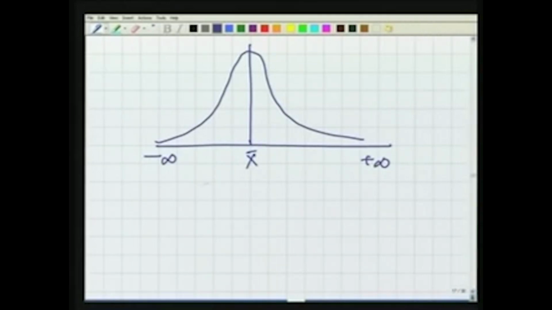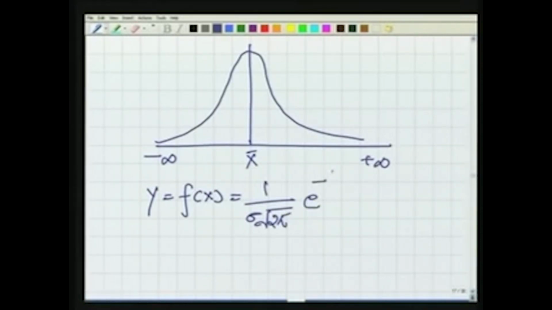The probability density function of this is given as f(x) equals 1 by sigma root 2 pi, e raised to the power minus half into (x bar minus x) divided by sigma, squared. Here x is an observation or variable, while x bar is the most probable value.